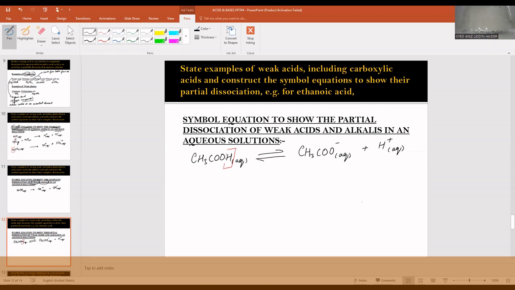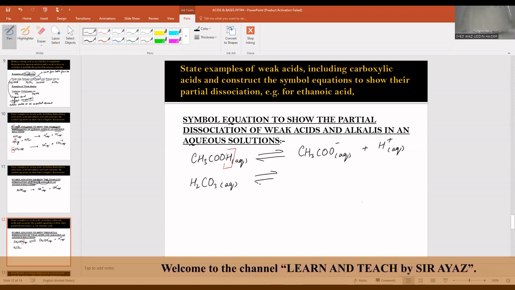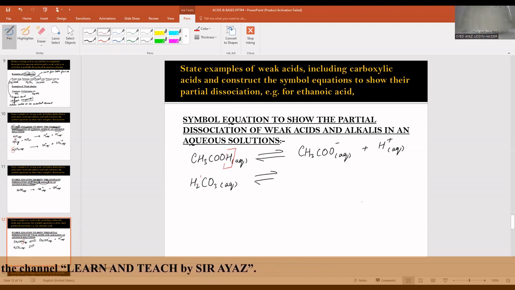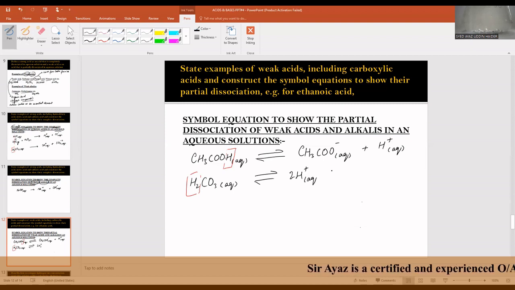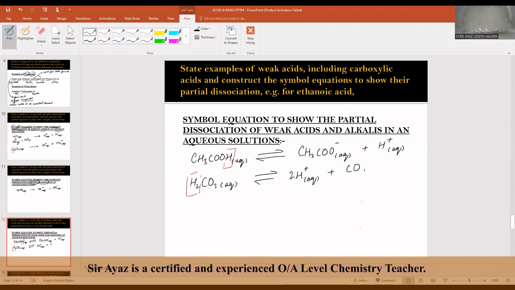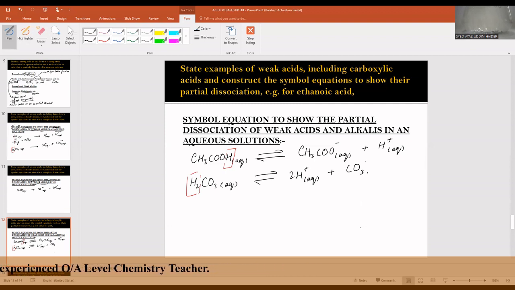For carbonic acid, the ionic equation will be like this for partial dissociation of carbonic acid. This is carbonic acid. Again, you have two hydrogen. So you write 2H positive aqueous plus CO3. You know the charge on carbonate ion, which is -2.